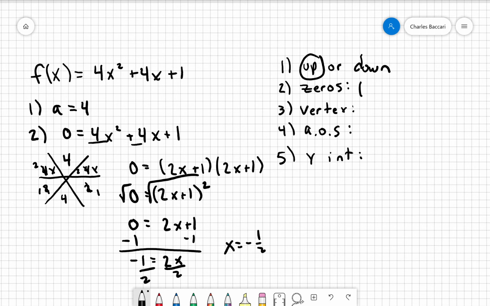Okay, so we have 1 zero at negative 1/2, 0. I'll show you what that means, obviously. So we've got that. If we leave this in the factored form, then we can see that we have f of x is equal to 2x plus 1 squared.